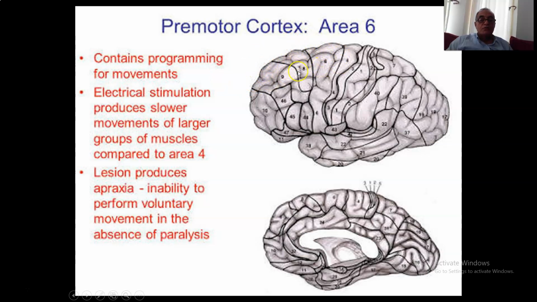It controls the tone and the extrapyramidal function, the tone and the posture. So it gives movement to larger groups of muscles, and lesions in this area will produce apraxia. Of course, lesions in the pyramidal tract will produce paralysis, but lesions in the premotor area 6 will produce apraxia, which is inability to do complex compound motor movements in the absence of paralysis, in the absence of cerebellar involvement.